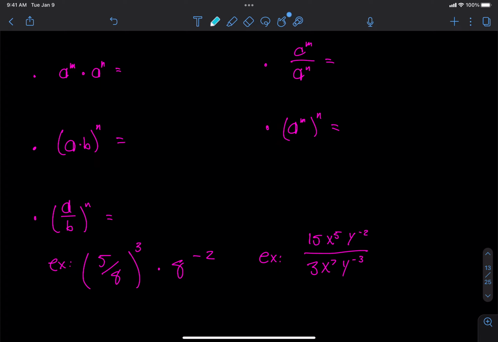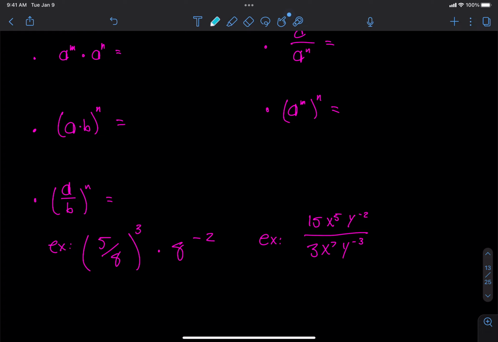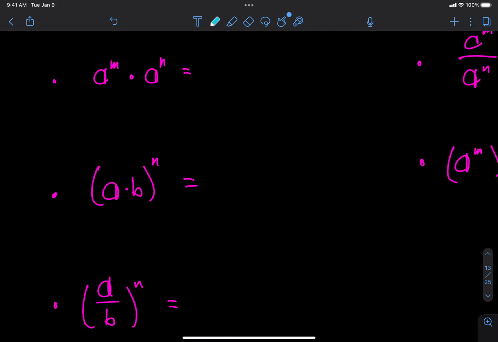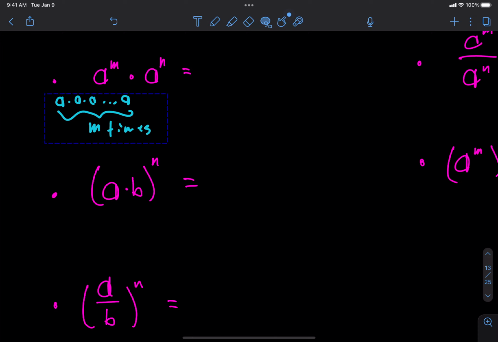So what do we do if we're going to multiply a to the m times a to the n? Well, what we need to realize is this is a times a times a dot dot dot, where we do this m times, right? And then we're going to multiply that times the same thing where we do that n times.